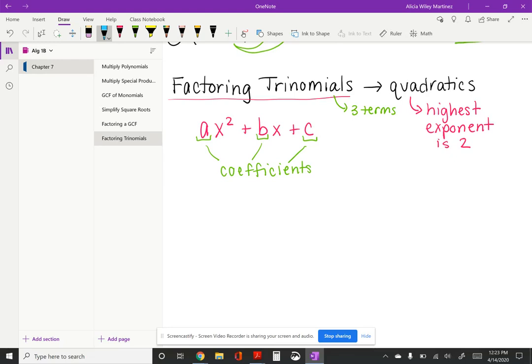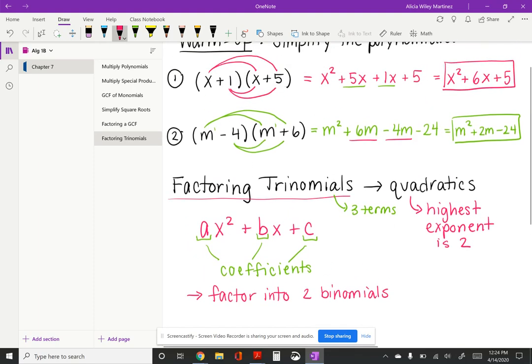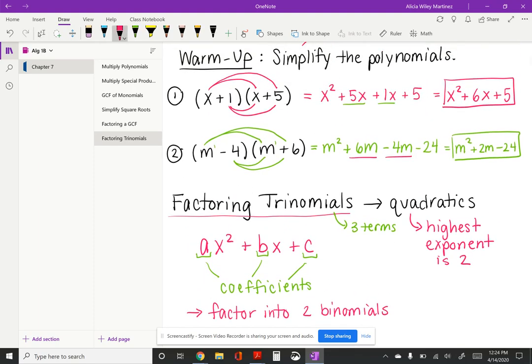So anytime that you have a trinomial in this form, something to know is that for these problems, the way that they are going to factor is it will factor into two binomials. It's going to look similar to the original problems up here in the warm-up.